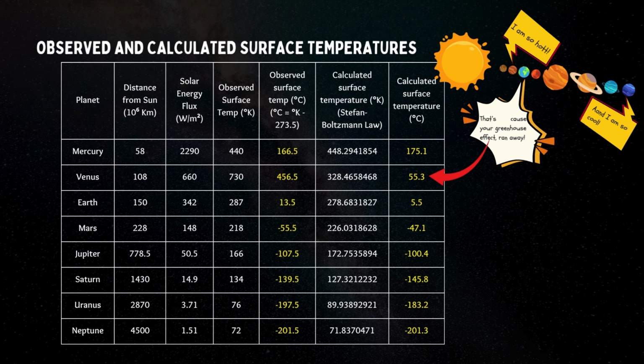My Earth is observed at 13.5 or so, but my calculated is around 5.5, right. Mars minus 55 to minus 47, Jupiter minus 107 to minus 100, Saturn minus 139 to minus 145, and Uranus minus 197, minus 183, Neptune minus 201, minus 201 or so.